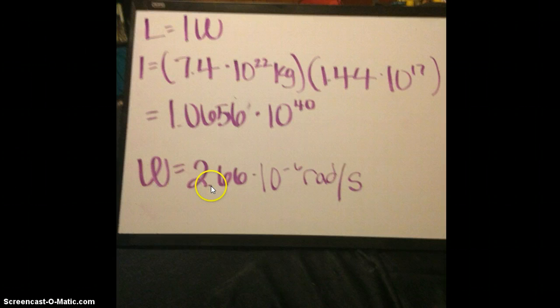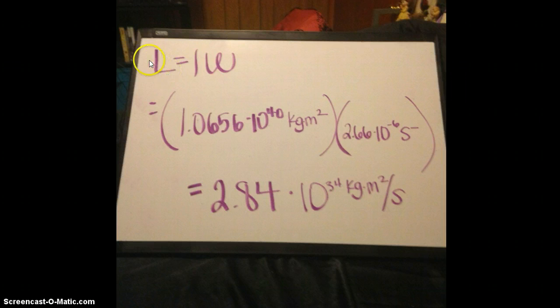And omega is what we found on the last slide, 2.66 times 10 to the negative 6 radians per second. Then we finally plug this all into the formula: angular momentum equals moment of inertia times angular velocity.